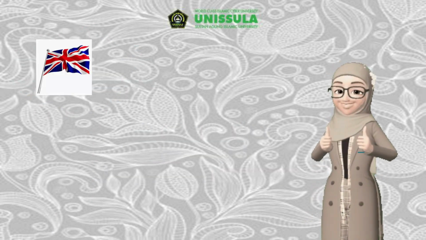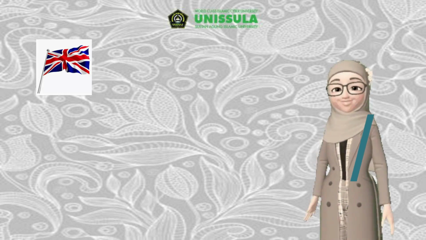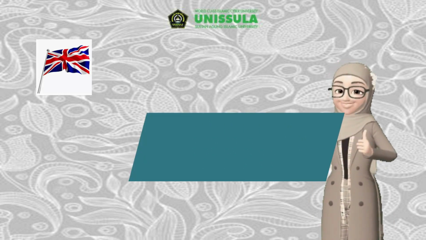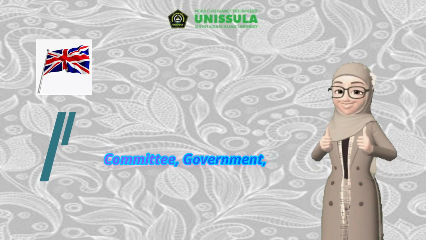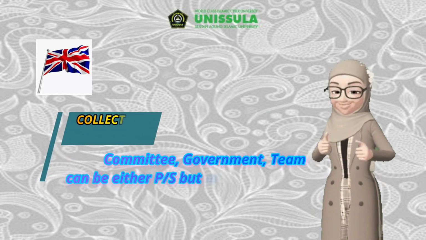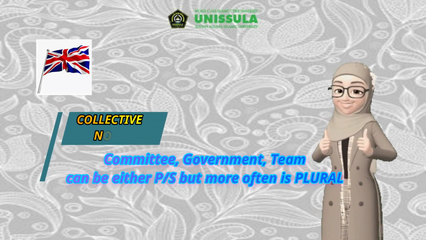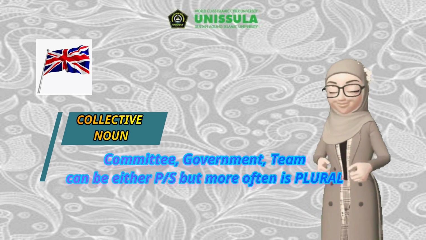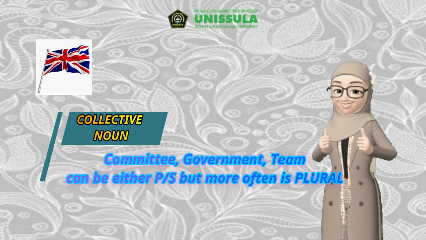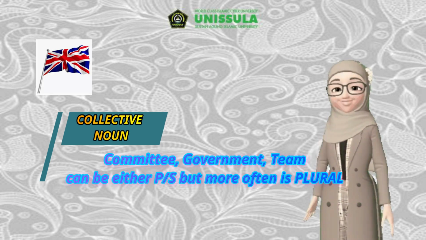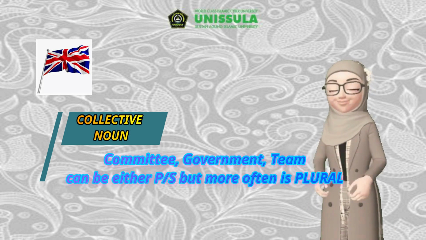In British English, a collective noun like committee, government, or team can be either singular or plural, but more often is plural. This is British English, emphasizing the members of the group.